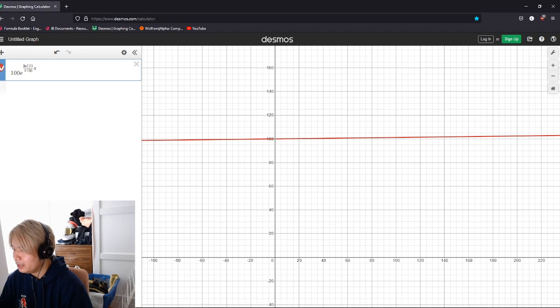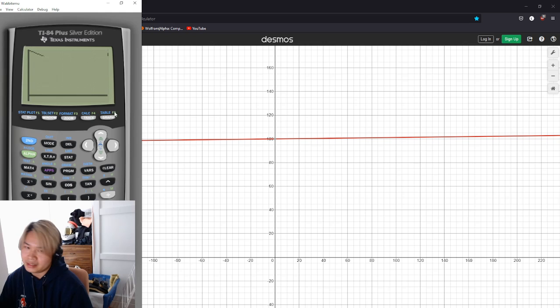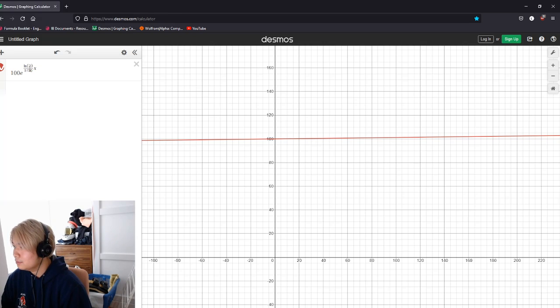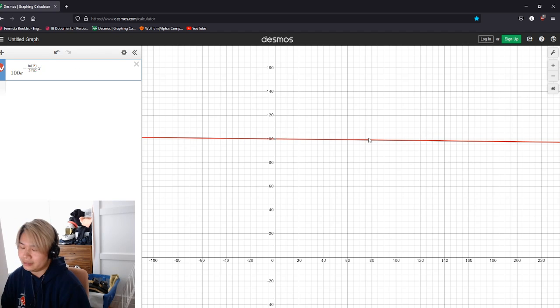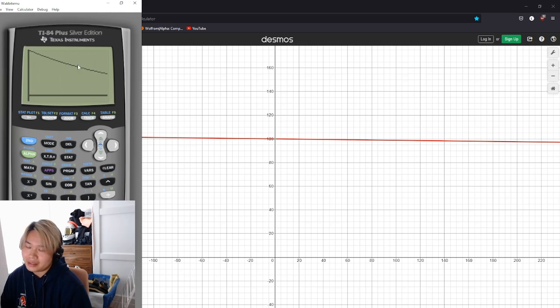I think I forgot the k, or the negative in my graph. Insert negative graph. There it is. Because, yeah, right, the formula is negative k.